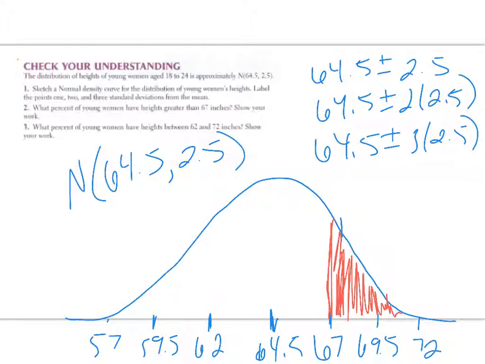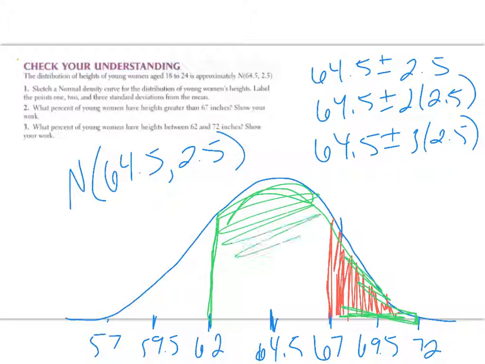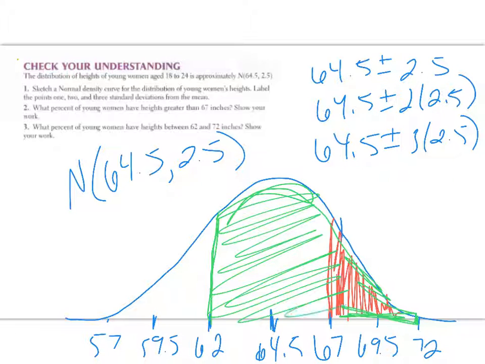So now I'm looking at the area here between 62 and 72 inches. So I'm not doing greater than, I'm just looking for this area right here in between. And so what I can do is I can use subtraction again, and I can basically figure out what this is and what this is and subtract it from 1.